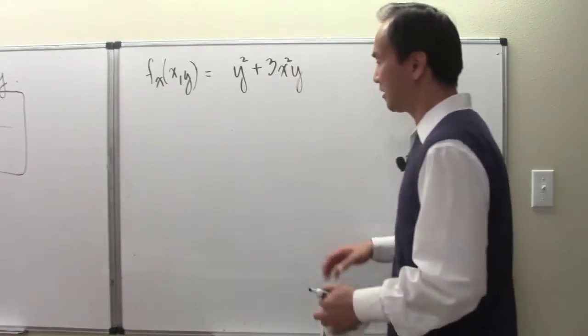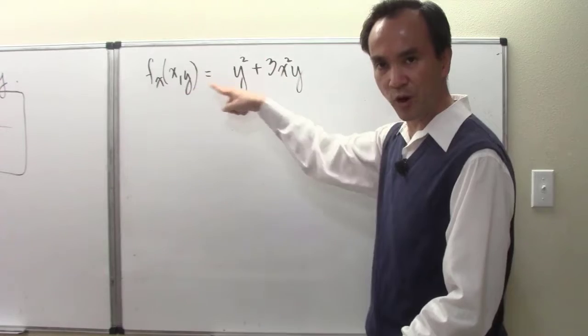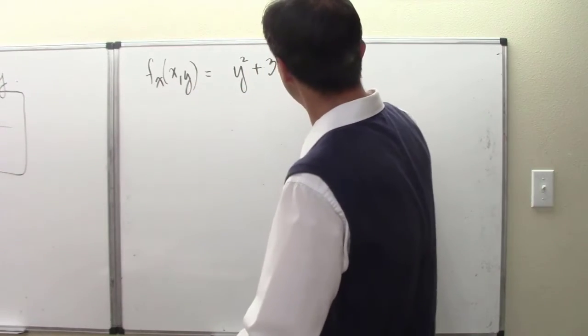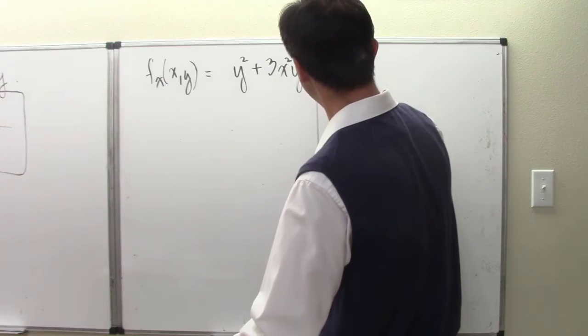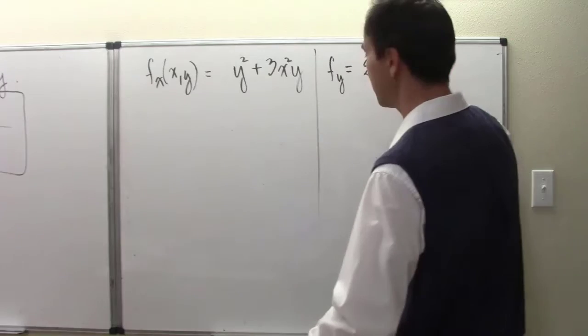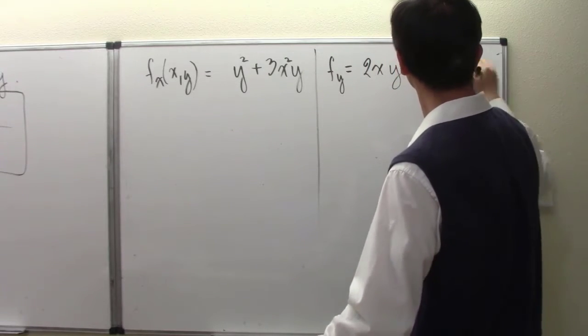All right, so on my board, I'm still leaving that f sub y that we have found earlier, and f sub x we have found earlier. And now f sub y that I have found was 2xy plus x cubed.